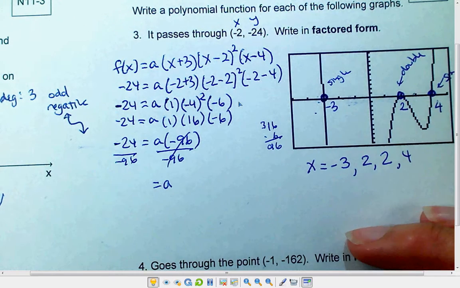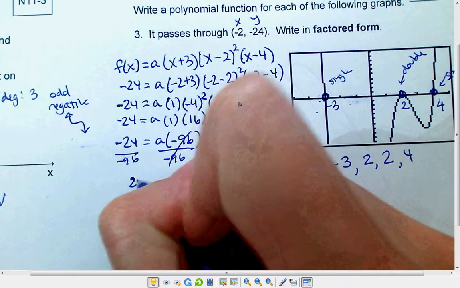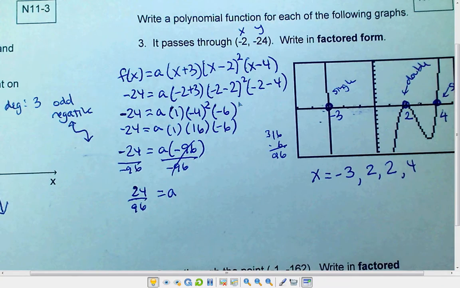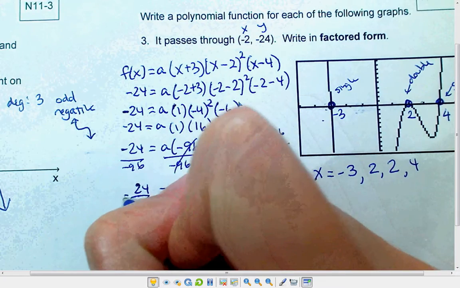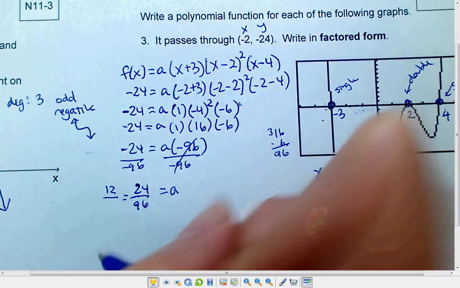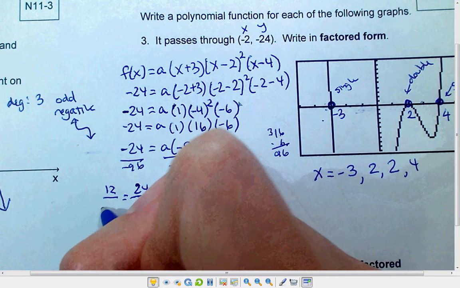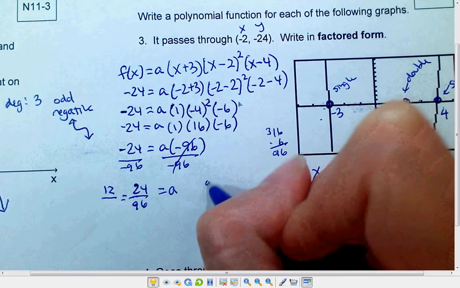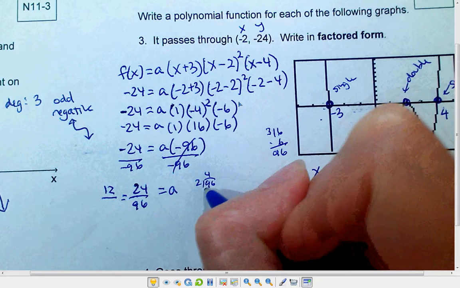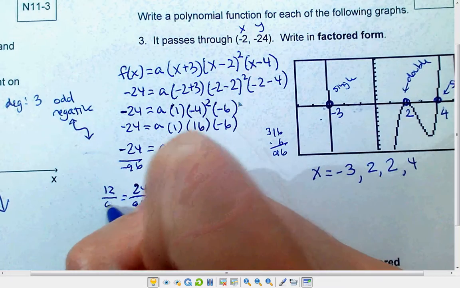The negatives cancel out, so I'm left with 24 over 96. And this can actually be simplified. If we divide them both by 2, it's the same thing as 12 over 48.